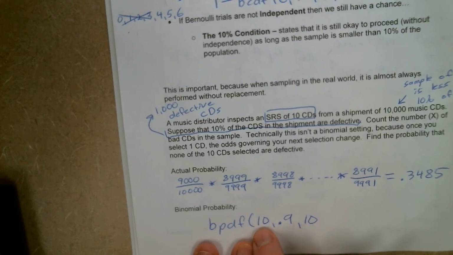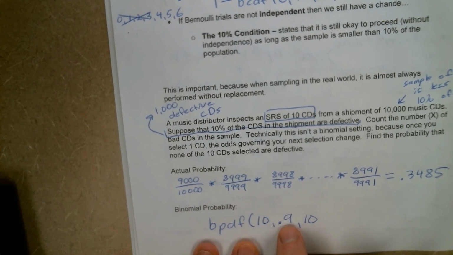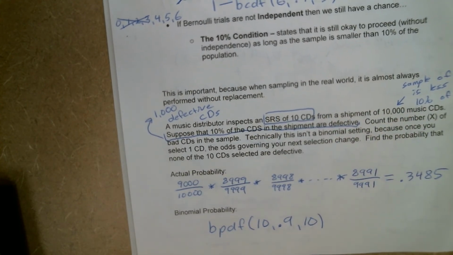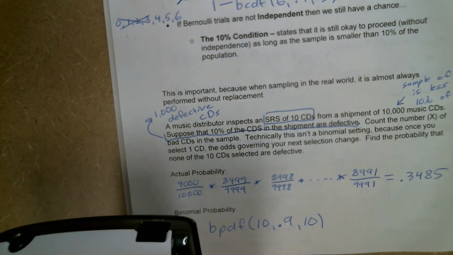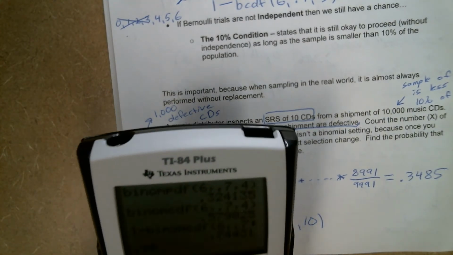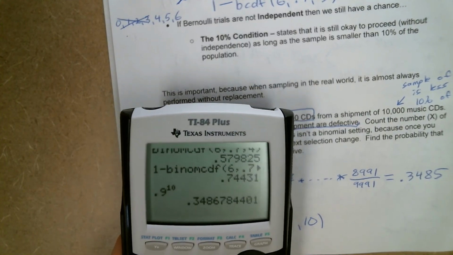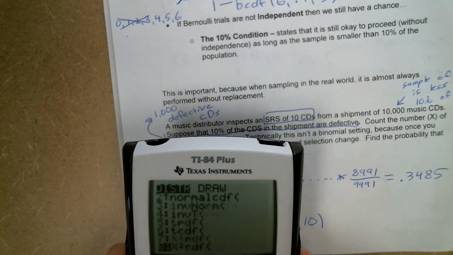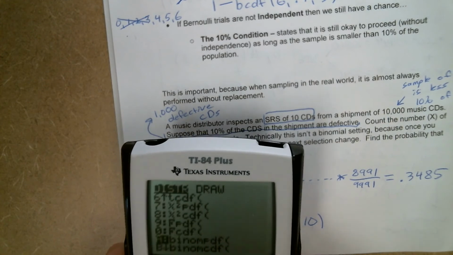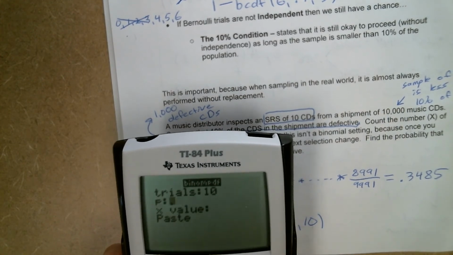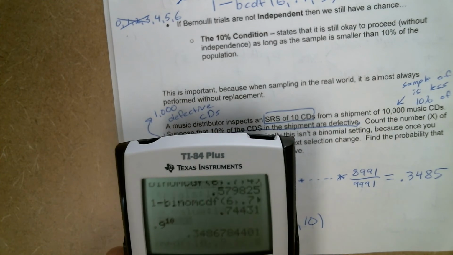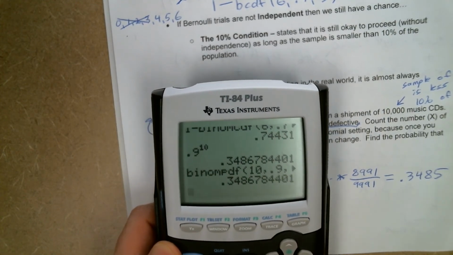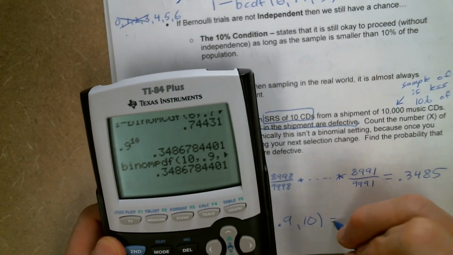So in a trial of 10, where 90% of the CDs are good, what's the chance that all 10 are going to show up good? Now, this is another one where we could just do 0.9 to the 10th power because there's only one way to get 10 out of 10. But just to show you, we're going to do binomial pdf, 10 trials, 0.9, 10. And you'll see that both of them give us 0.3487.